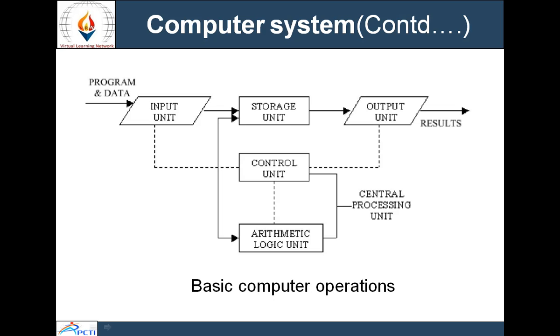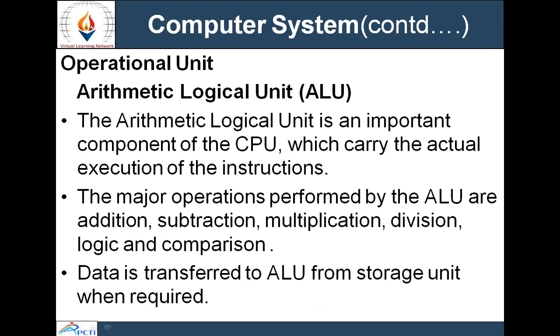By selecting, interpreting, and seeing to the execution of the program, the CU, control unit, is able to maintain order and direct the operations of the entire system. Then ALU performs operations. The ALU and the CU of a computer system are jointly known as the Central Processing Unit, CPU, and output unit gives output.